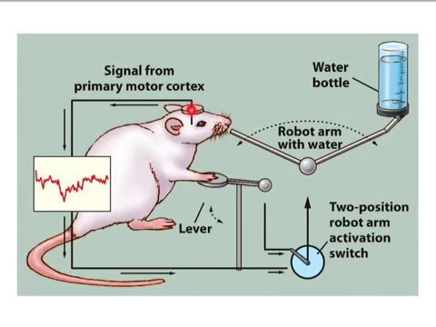So all the rat had to do was think about getting water, think about moving that lever, and that vector would be activated. It's been programmed to know that once that vector is activated, the lever needs to go this way or be pressed that way, and the rat is able to get water.